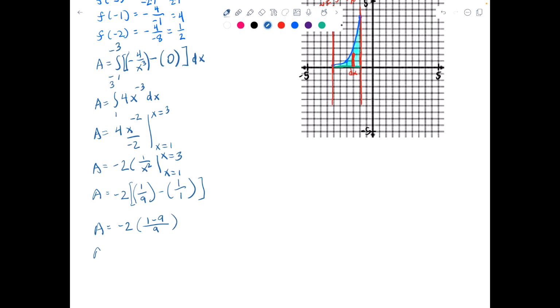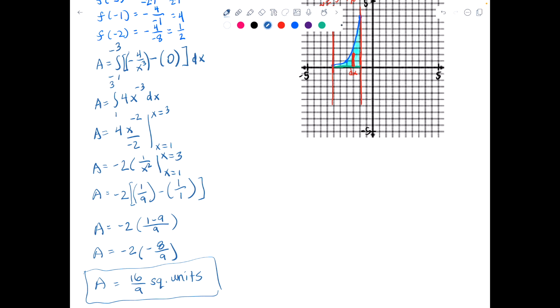And so our area will end up being -2 times -8 over 9, which gives us a result of 16/9 square units for the area. Groovy? All right.